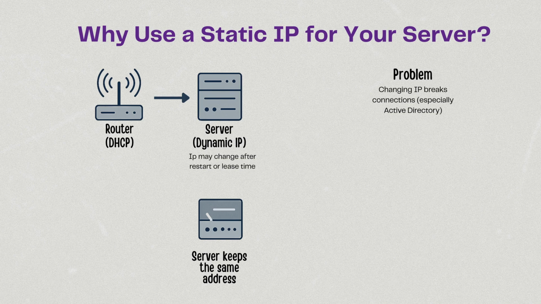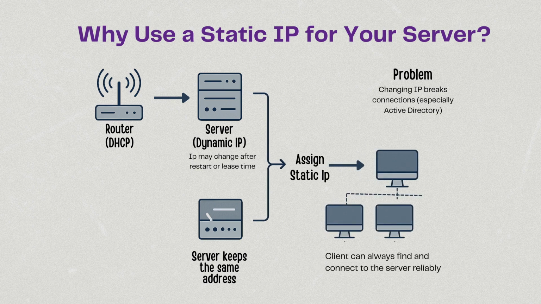Since Active Directory relies on a consistent network identity, having a change in IP address would cause problems because other devices wouldn't always know how to find this server. So by assigning a static IP, we ensure that the server always has the same address, making it easier to manage and allowing clients to consistently connect to it.